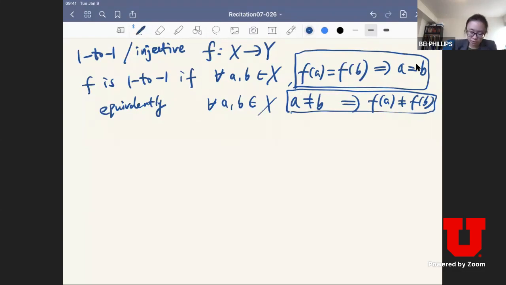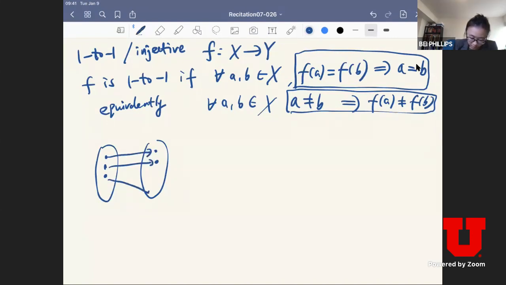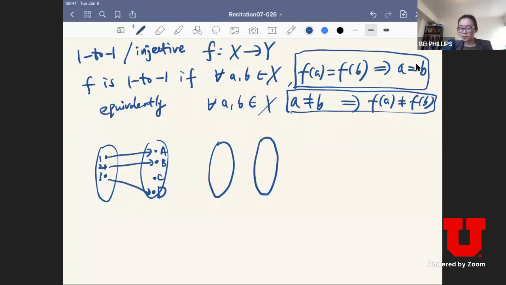So let's draw some pictures. I have the following function. So 1, 2, 3, A, B, C, and D. Is this function one-to-one? You can type, you can raise your hand.